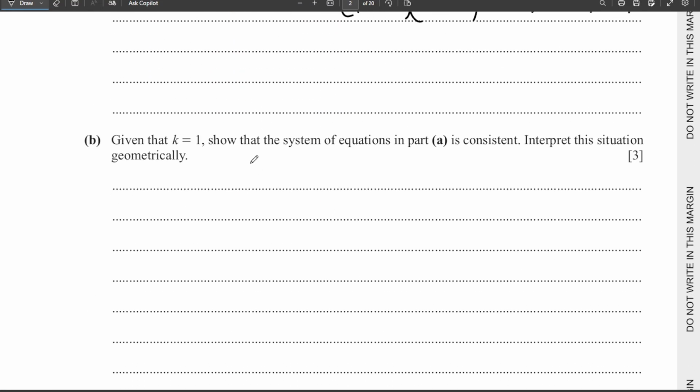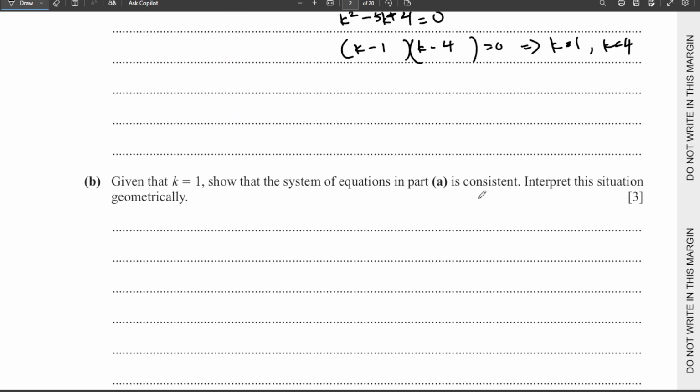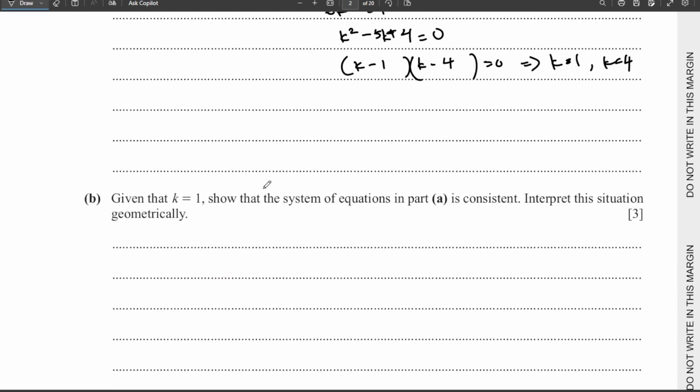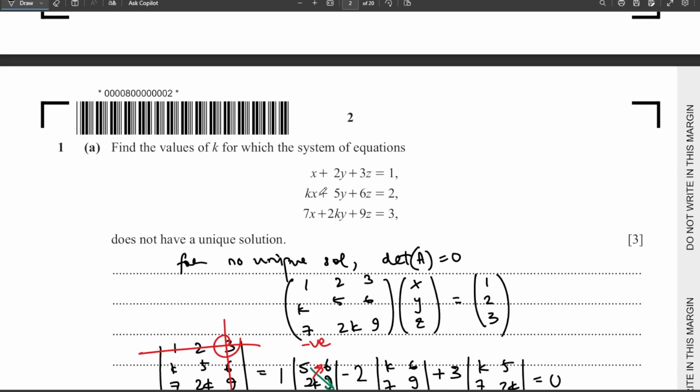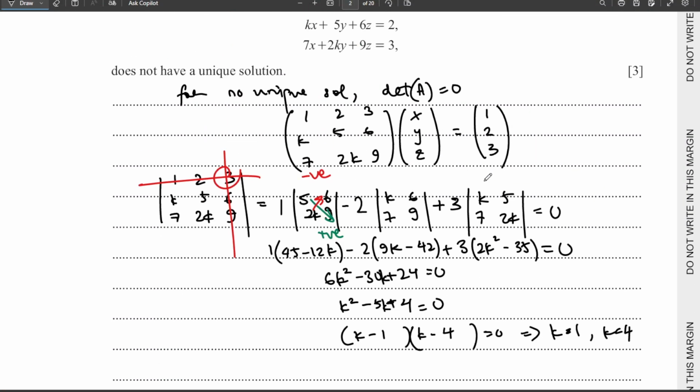For question B, given now that k equals 1, show that the system of equations in part A is consistent. Interpret this situation geometrically. Let's recall what this means. Consistent means it's solvable.